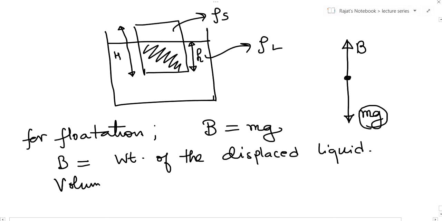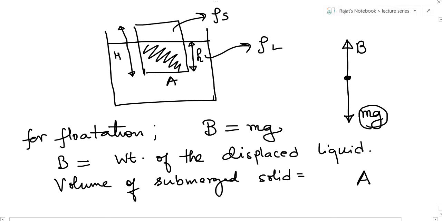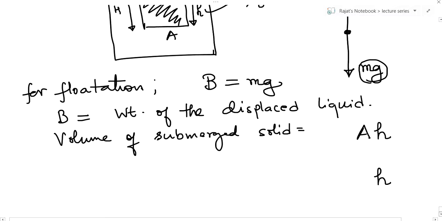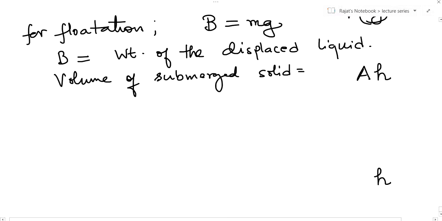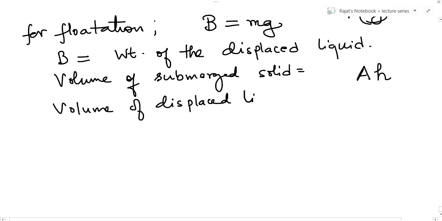So the volume of submerged solid: let the cross section area be capital A, so A into small h is the volume of submerged solid. So the volume of displaced liquid will also be A h.